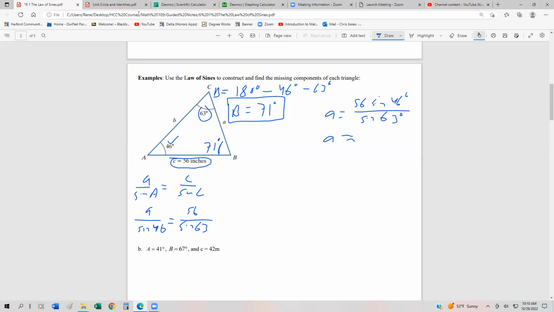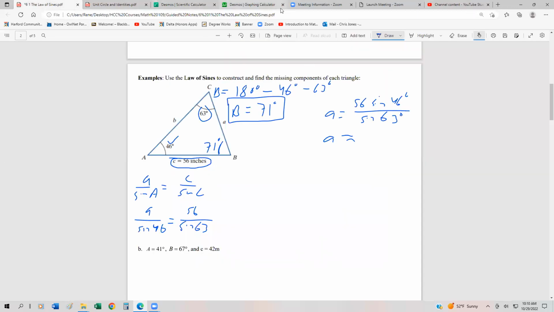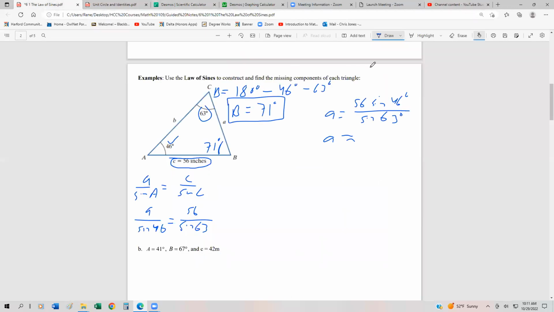So in our scientific calculator, we have 56 times sine 46 divided by sine of 63, making sure we're in degree mode, and I get 45.2. I'll round it off to one decimal place. Now we have that A is 45.2, and certainly that's smaller than 56, so far it checks out.